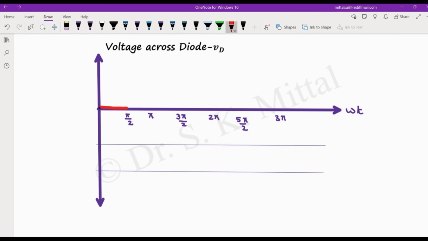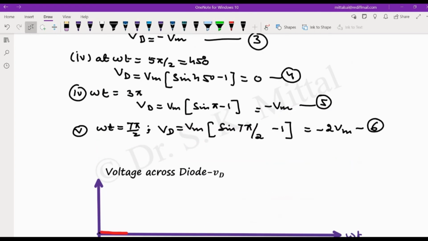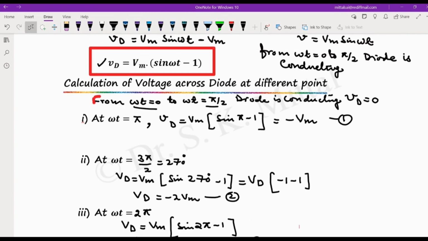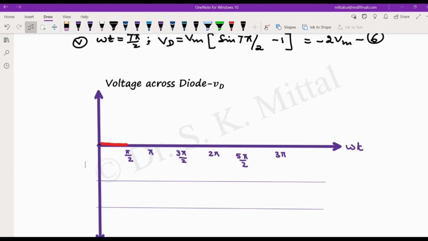Now at omega t is equal to pi, what have we obtained? See here, at omega t is equal to pi, we have obtained minus Vm. So if I consider this point as minus Vm, then we will obtain this point at omega t is equal to pi.